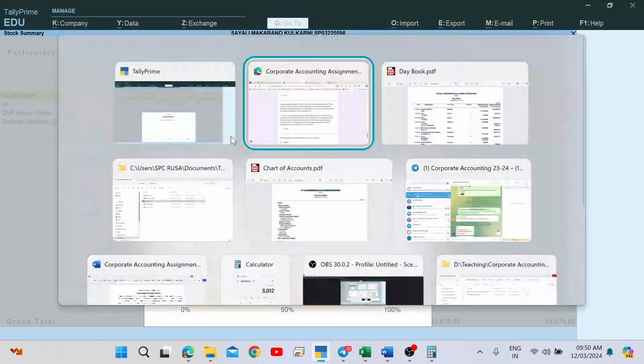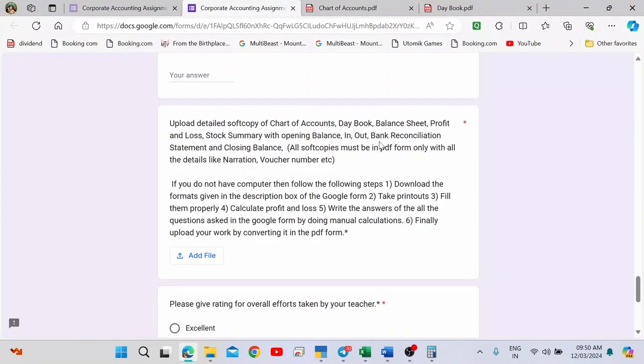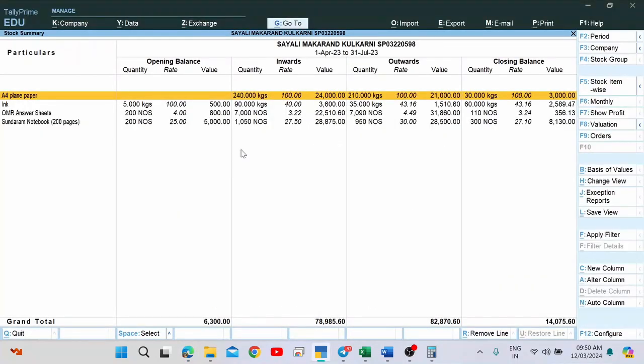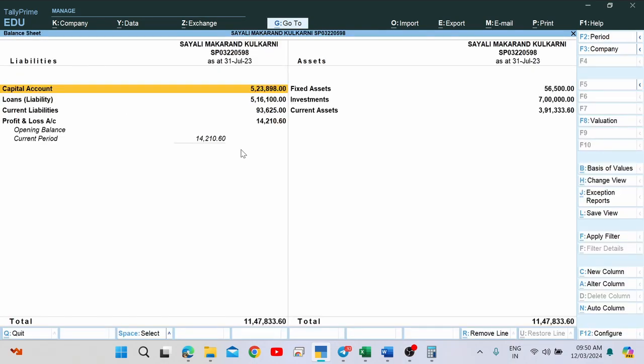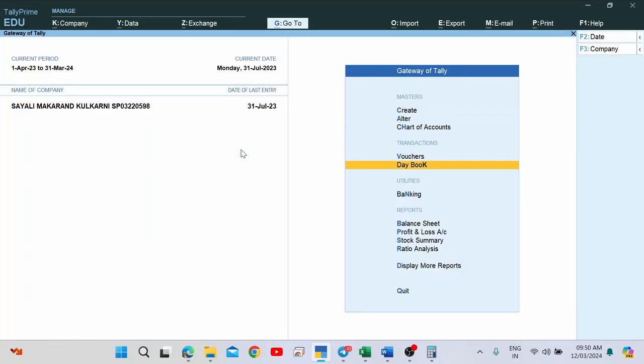After saving the stock summary, they are asking for the bank reconciliation statement and then the closing balance. There you can open the bank account, or in the balance sheet check where the bank is.